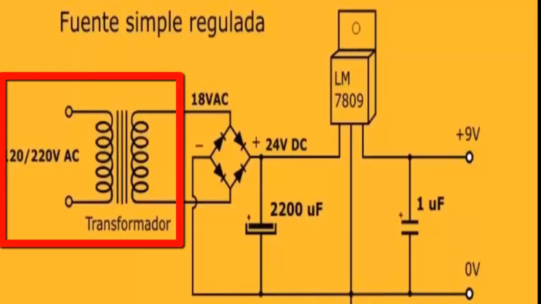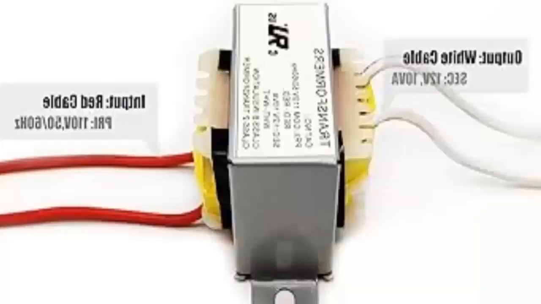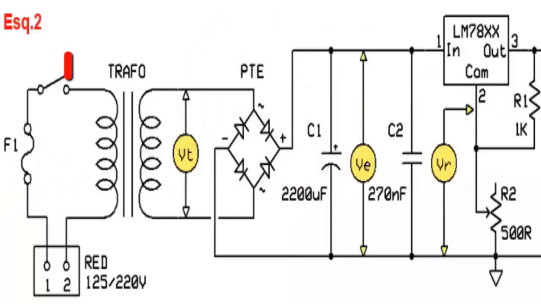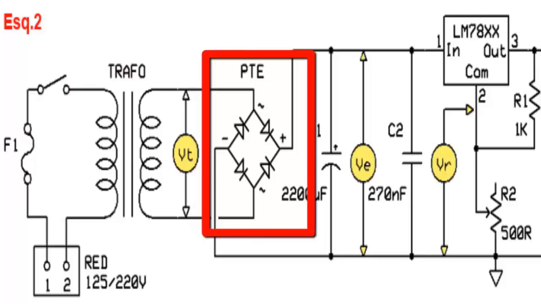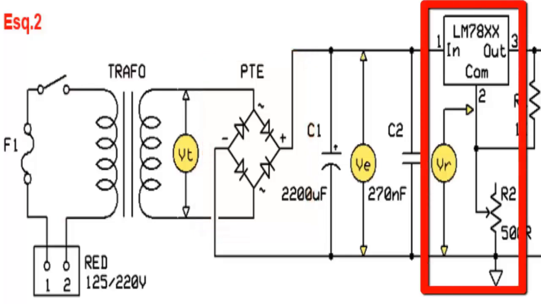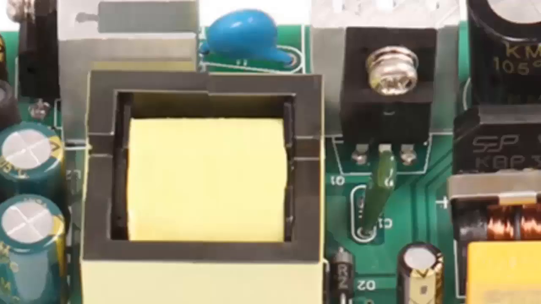In air conditioning and refrigerator electronic boards, there are basically two types of transformers. 1. Conventional transformers, usually located independently of the electronic board, at its entrance, are responsible for receiving the voltage from the external electrical network of the alternating type at 50 or 60 Hz, and frequently transforming it to 12 or 24 volts AC.